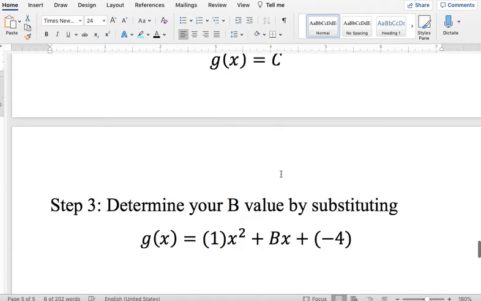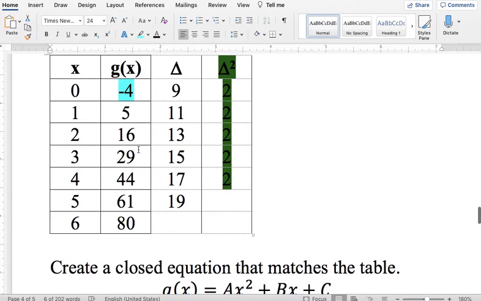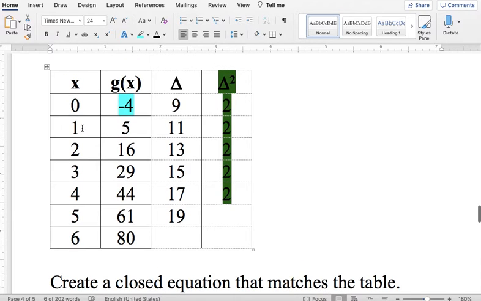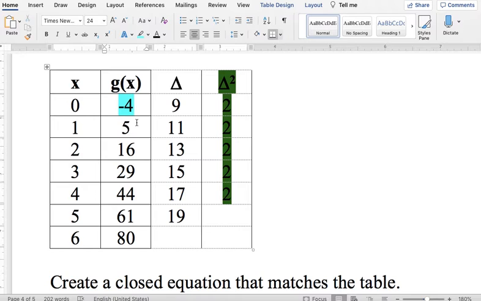All right, and now I need to pick any of the other pairs of values. Because I am the one that came up with this 1, 5, I'm going to choose not to use that. I'd rather use one of the original ones. These were the original 5 pairs that I was given.